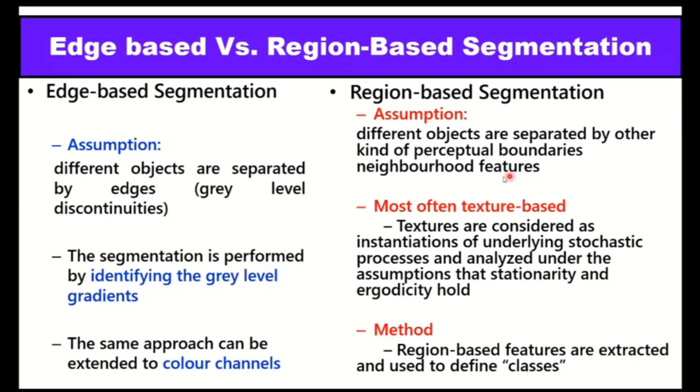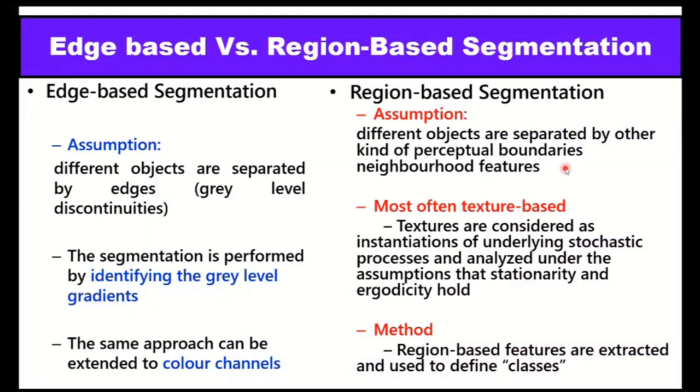That means in a particular object, if I am getting similar kind of continuity, then that is a homogeneous region. In our normal texture or in mechanical engineering, whenever we check a surface, you know that if the surface is having continuity, then that texture is similar. In the image also, if you are getting similar type of properties, then that is part of one region, and when it is changing, it becomes second.